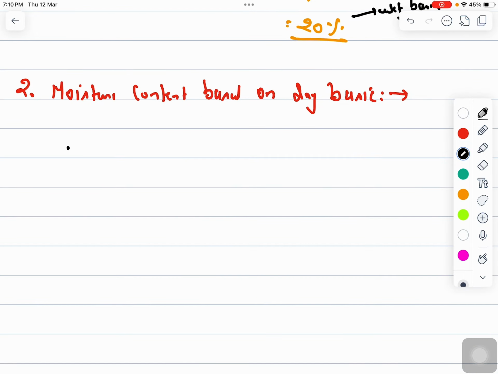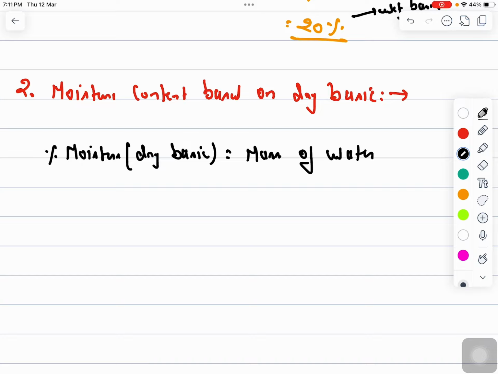So when I calculate the percentage of moisture content based on the dry basis, right, that will be equal to what? Mass of water divided by mass of dry solid into 100%, right?